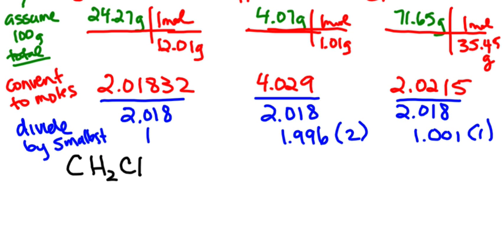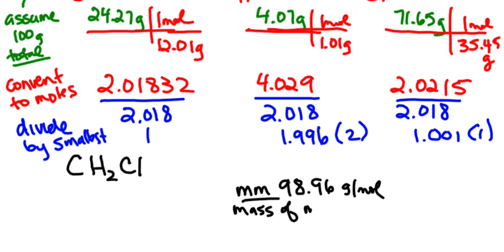Okay, our empirical formula looks good. In the problem, what did they say the molar mass of the formula was? 98.96 grams per mole. Now, this molar mass is not the mass of the empirical formula. It is the mass of the molecular formula.